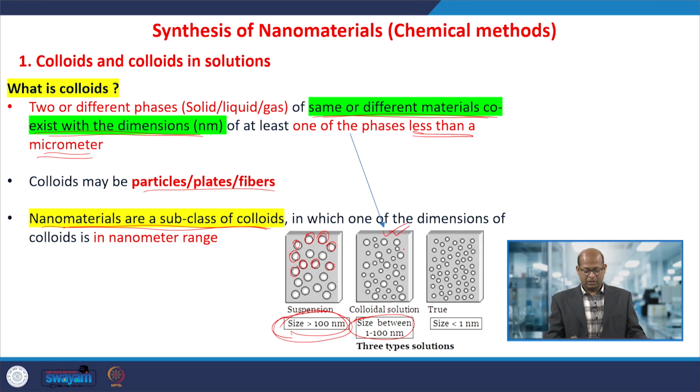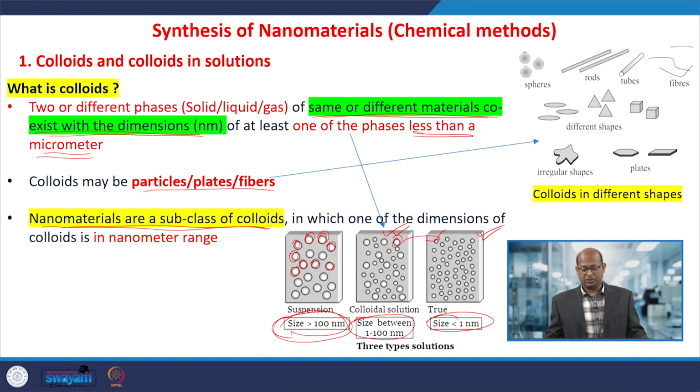And when the particle dimensions are converted into a smaller range, then in the true sense it is a colloid. Depending upon the material size, we can say whether it is a colloid or not.